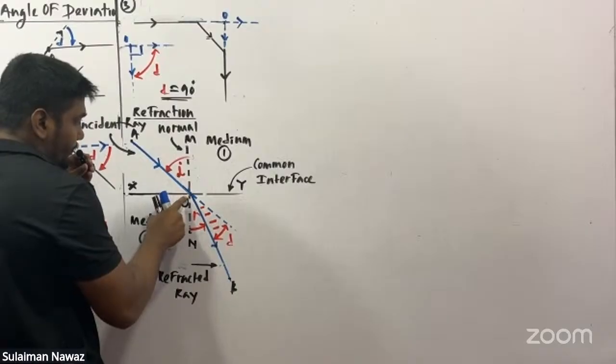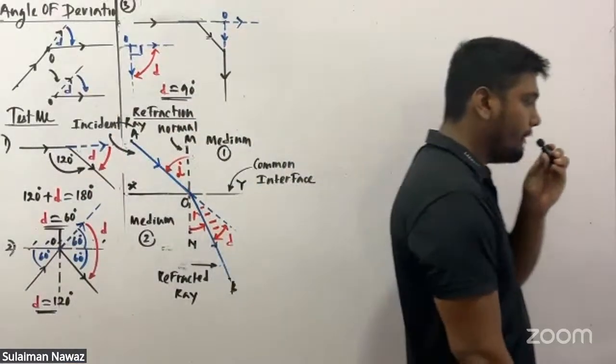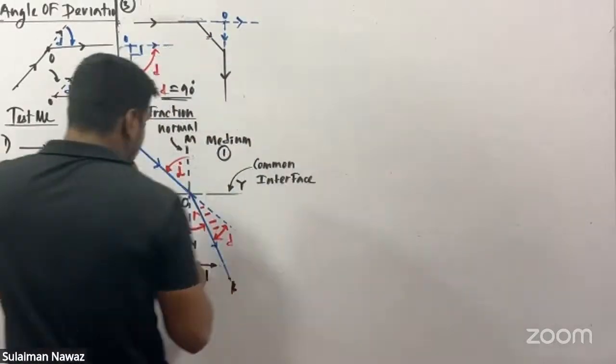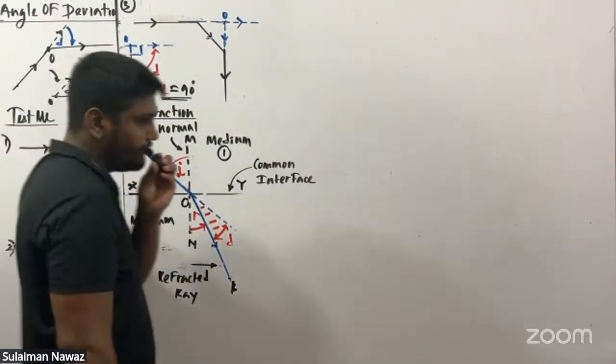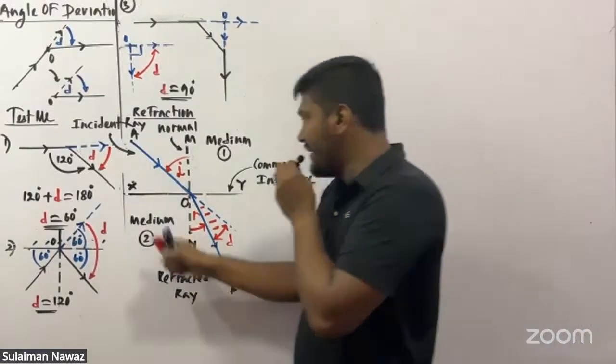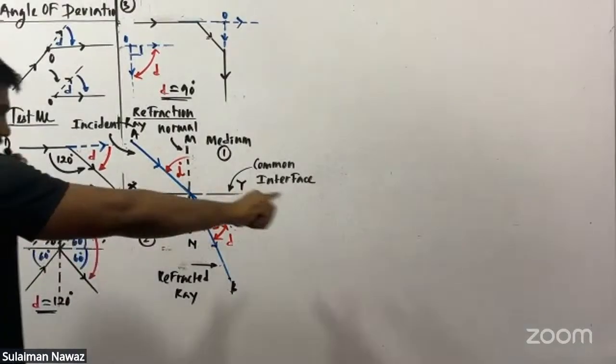Then point O, what is point O? Point O is the incident point. And capital MN is going to be the normal. And capital XY is going to be the common interface.